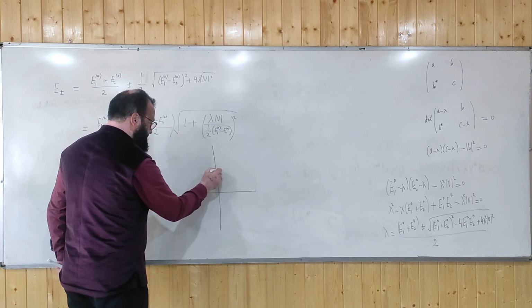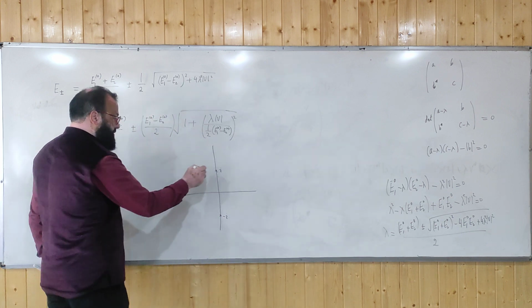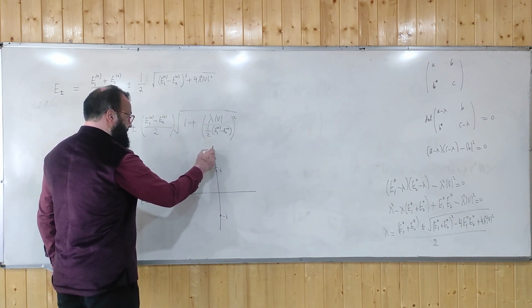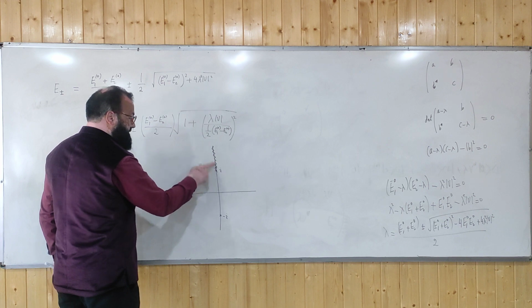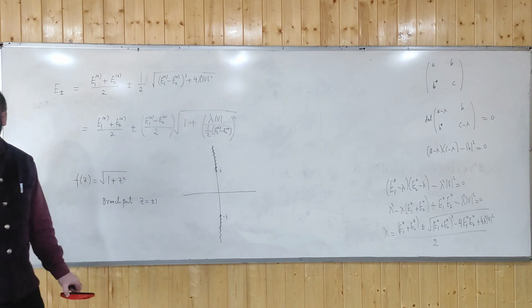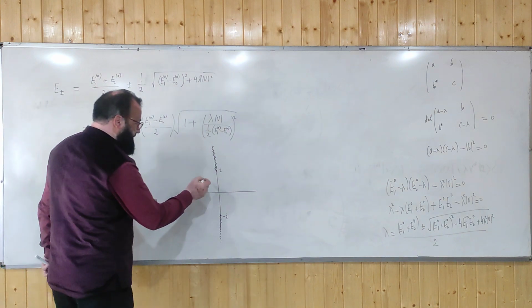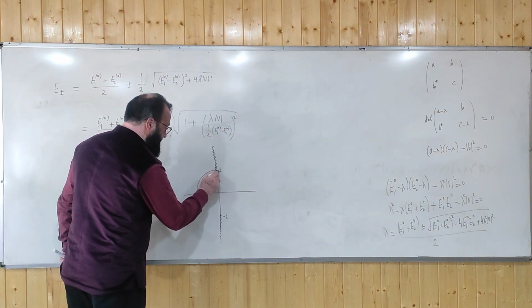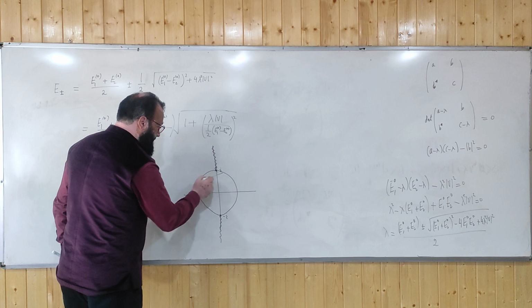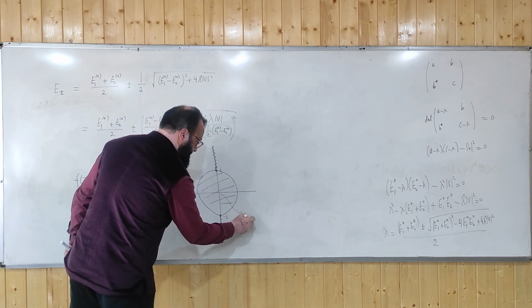This is your i and this is your minus i. These are your branch points, so the branch cut arises here and here. What is the radius of convergence? When mod of z is less than 1, that means it exists within this unit circle. So this is your radius of convergence, the circle of convergence, the region of convergence.